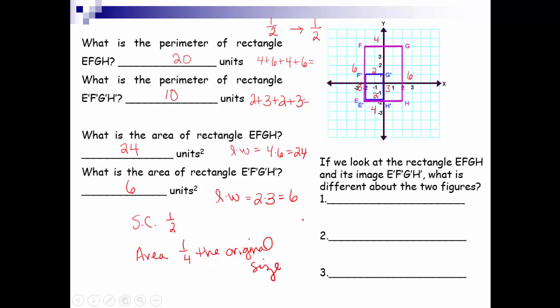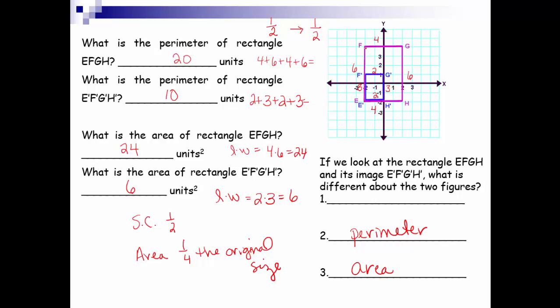Sorry about that. All right, so now we know that the area does not remain the same. The perimeter does not remain the same. So if we look at the rectangle EFGH and its image, E prime, F prime, G prime, H prime, what are the differences between the two figures? Well, the perimeters will be different, and the areas will be different.